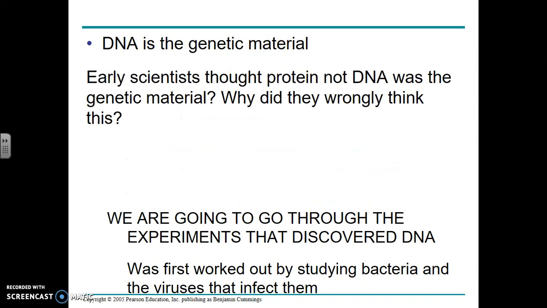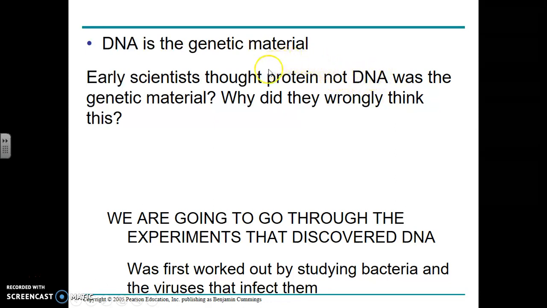So, again, DNA is the genetic material, but early scientists actually thought protein, not DNA, was the genetic material. The reason why they thought that is that they knew at the time that there were 20 different amino acids that make up protein, but that there were only 4 different nucleotides, 5 if you're including the U in RNA.